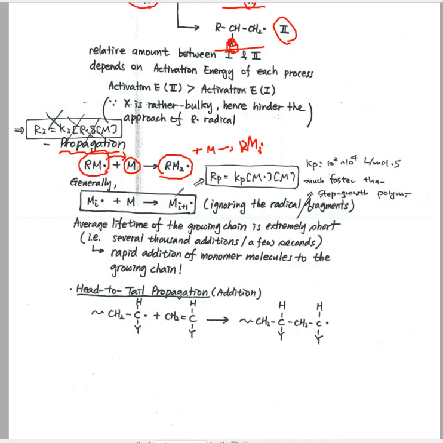So generally, the propagation step can be written in this way. A radical reacts with monomer, forming another radical with a little bit longer chain.